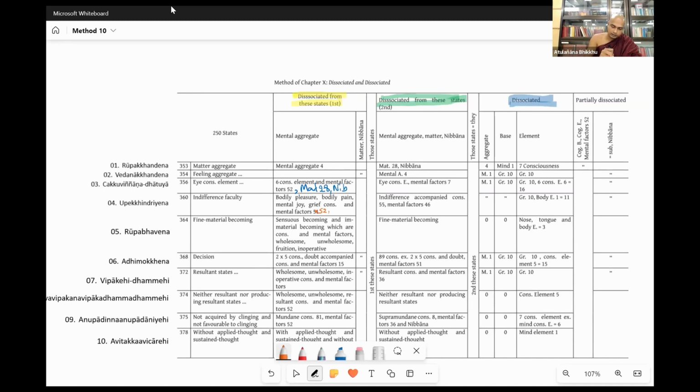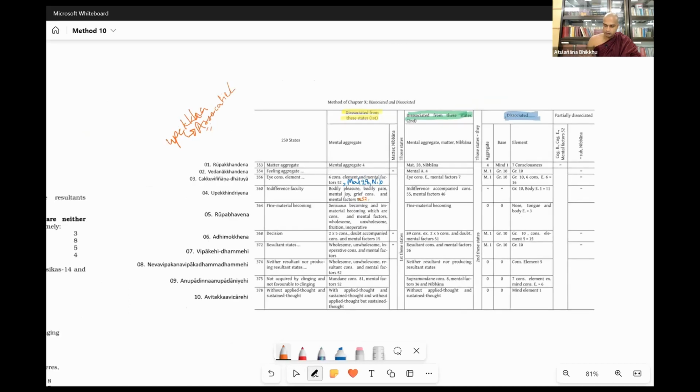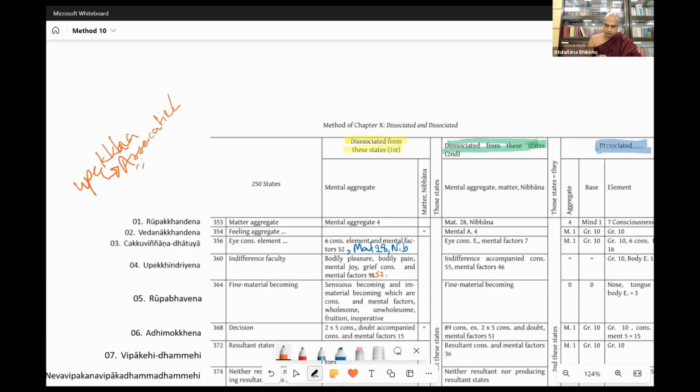right? So upekha is associated with the 55 consciousness. The 55 consciousness to which upekha is applicable, and I think it's 46 mental factors, right?